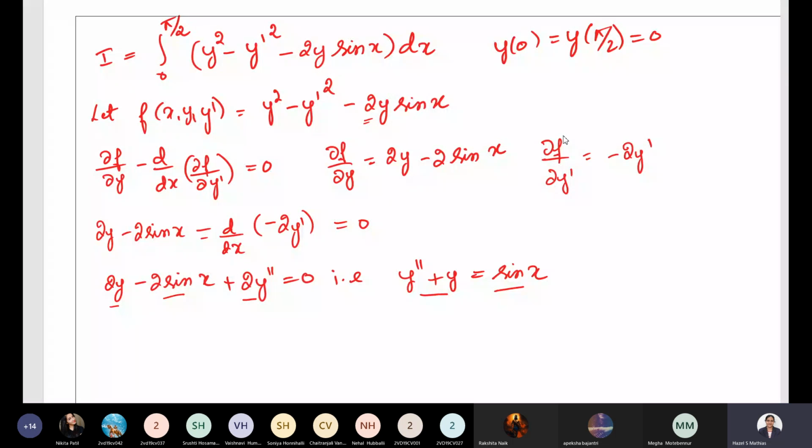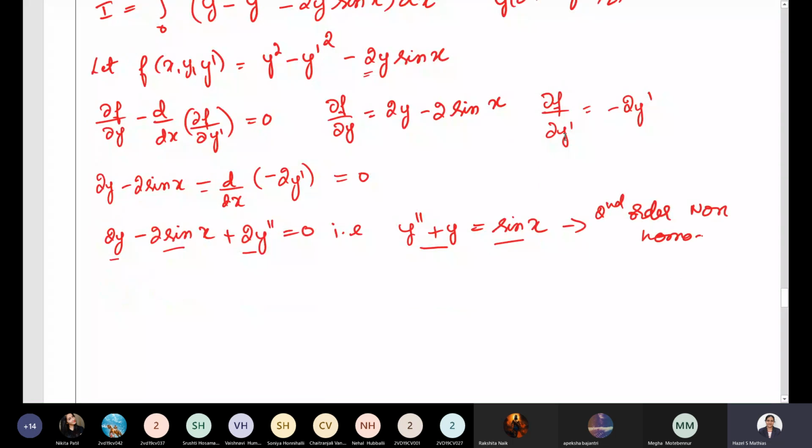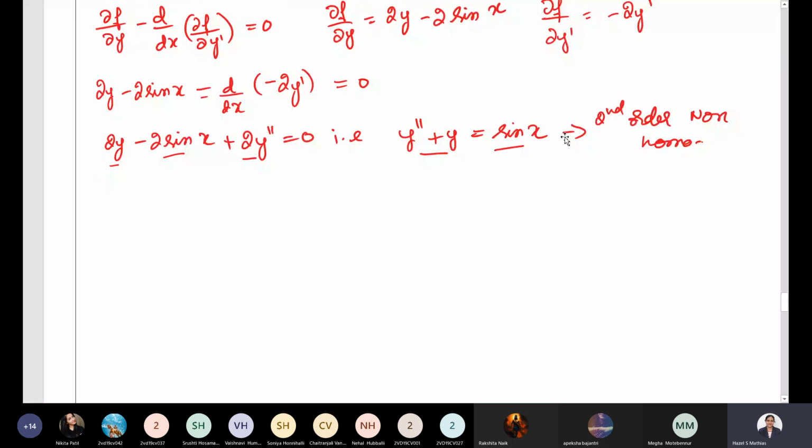So now we have a second order non-homogeneous differential equation. How to solve this second order non-homogeneous differential equation?